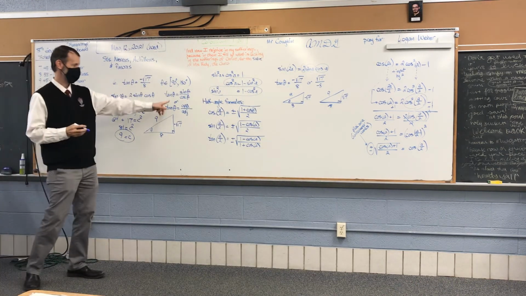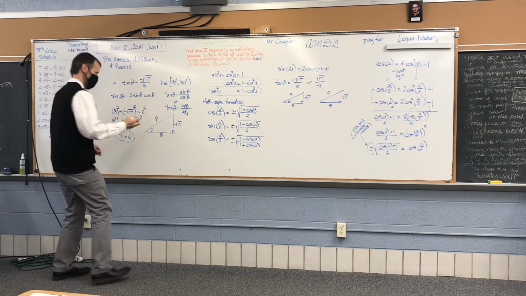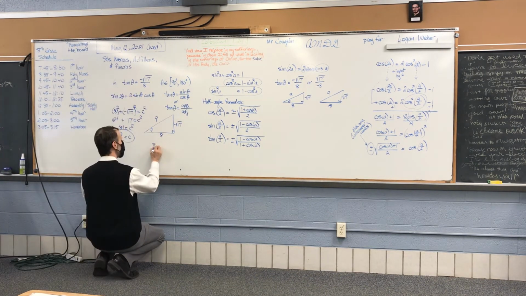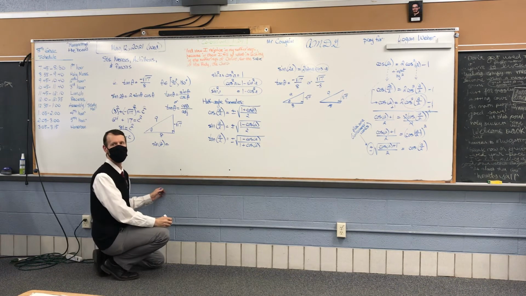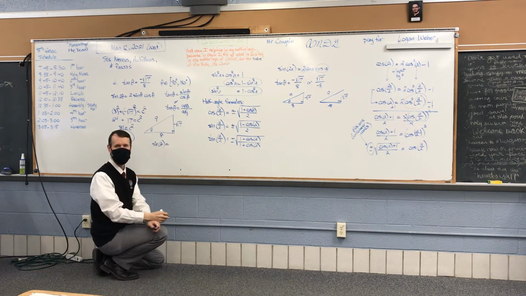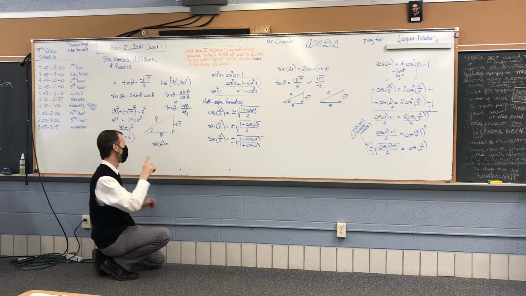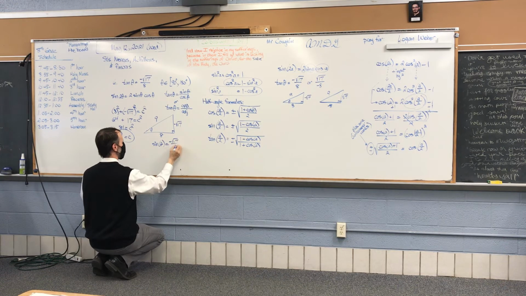I want sine, and I want cosine. Is there any way you could give me sine of theta, just using this picture? Right, go. Negative radical 17 over 9. You are correct.